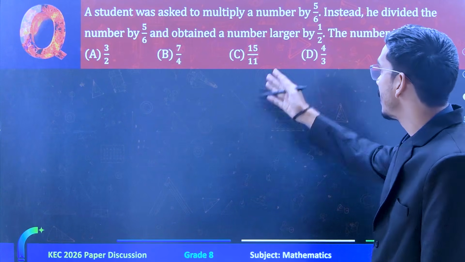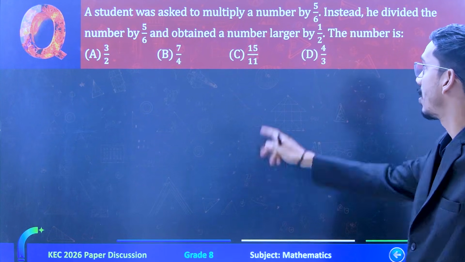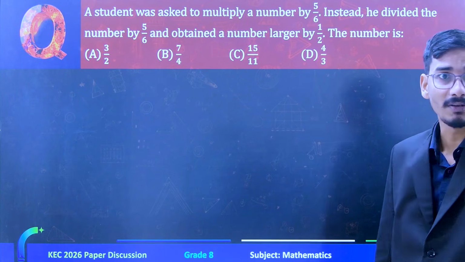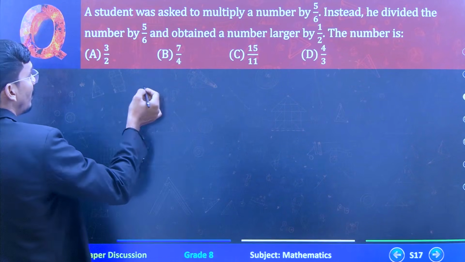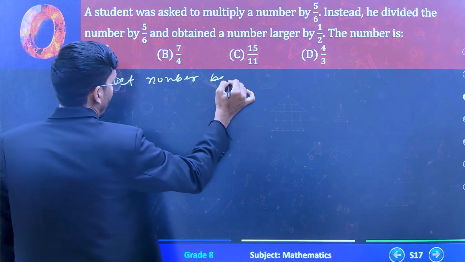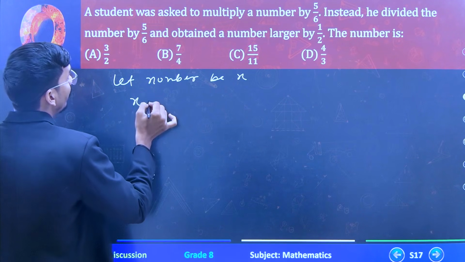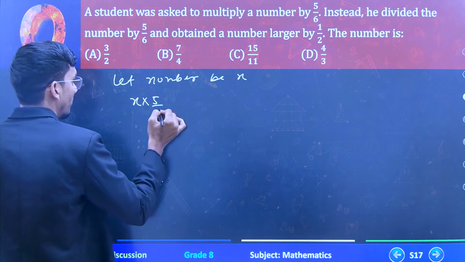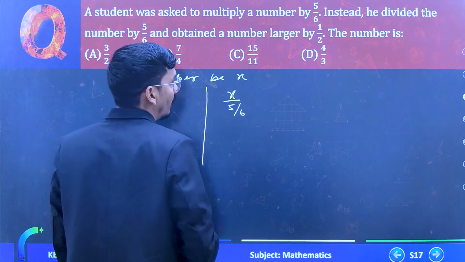A student was asked to multiply a number by 5 by 6. Instead, he divided the number by 5 by 6 and obtained a number larger by 1 by 2. Again, same type of question. So let the number be x. According to me, I have to multiply by 5 by 6, but he divided that number by 5 by 6.